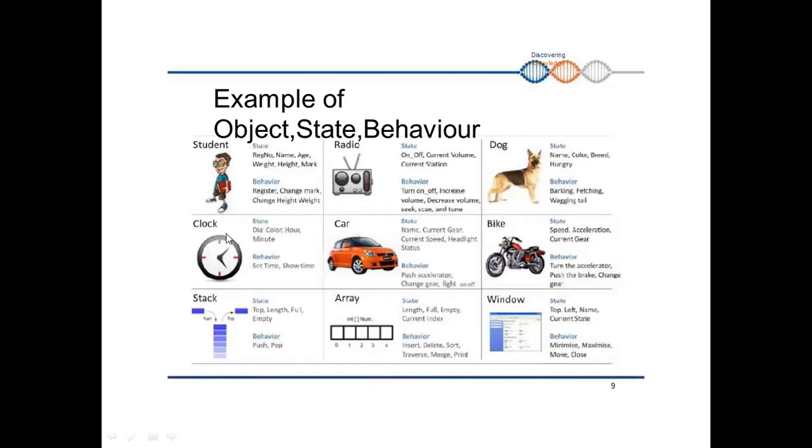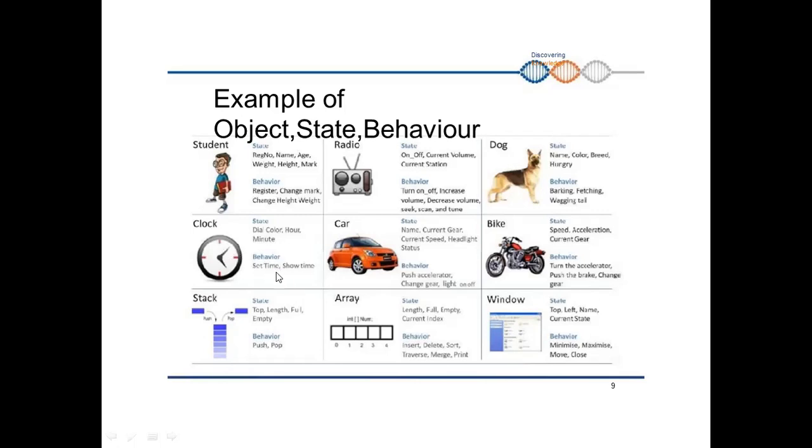Next, for the object clock, variables can be dial color, hour, minute. We can also add size, shape of clock. So many more states we can add as per our requirement. Behavior of a clock means operations performed by the clock.